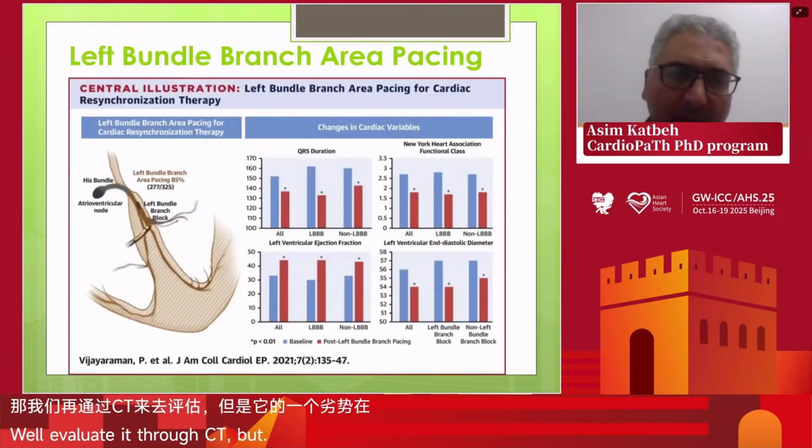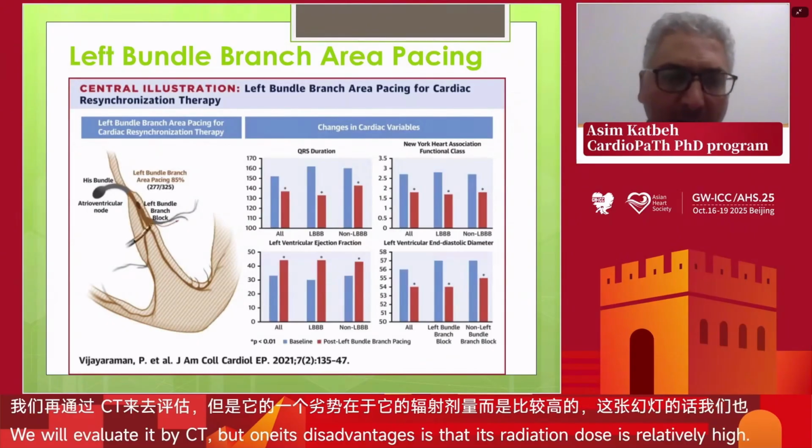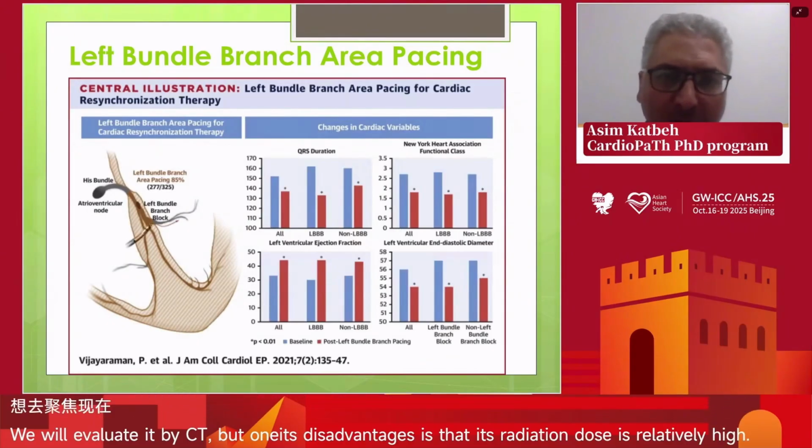In this slide, I just want to focus on the novel treatment for dyssynchrony, based on implantation of one lead in the septum in the area of left bundle branch area pacing.